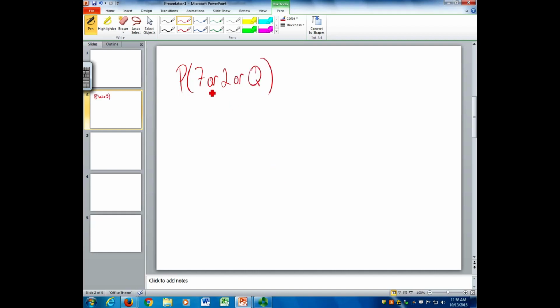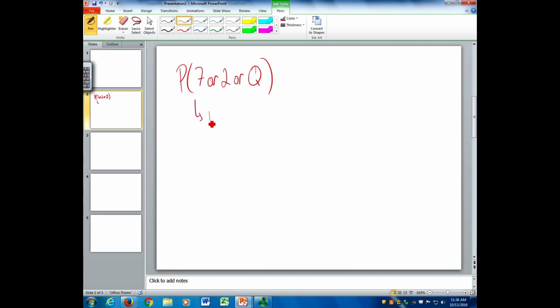Now, are these 7s and 2s and queens all mutually exclusive? They have to be. Why? Because you can't have both at the same card. Right. Yeah, they can't happen at the same time.